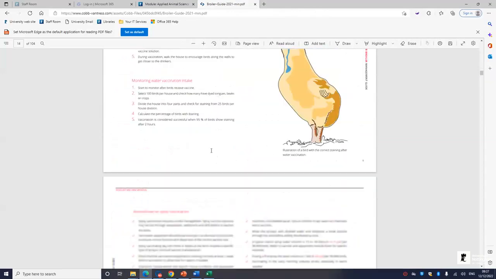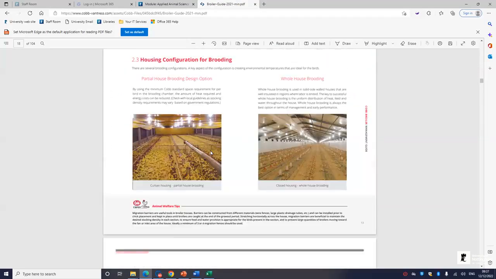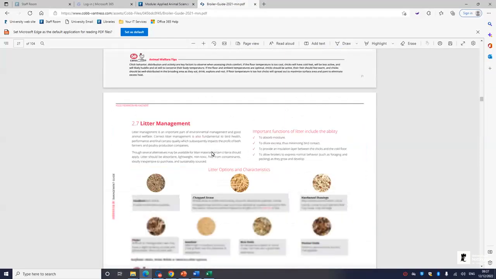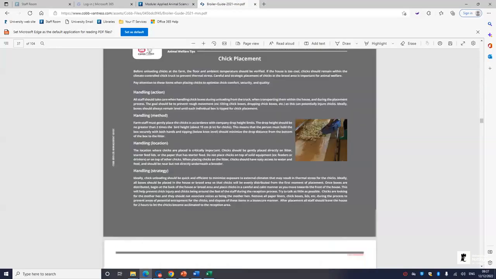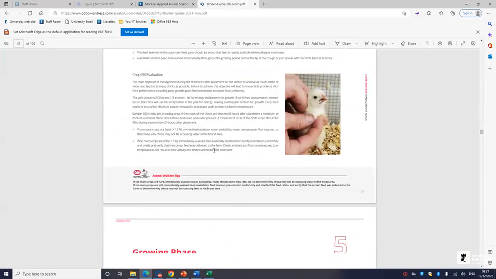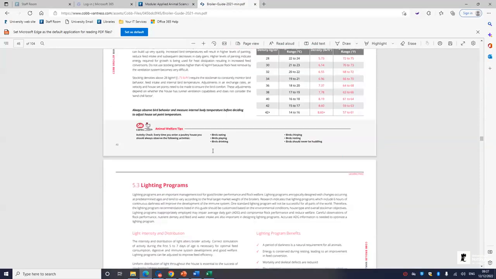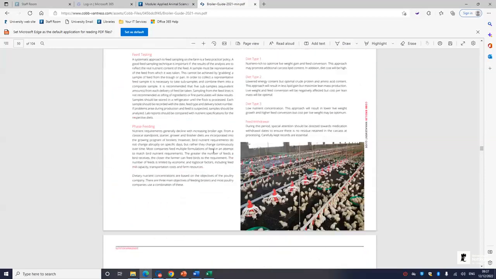A whole lot of information with regards to several factors. And then as you move down, you will probably come across information with regards to nutrition. I know sometimes it's difficult to manage information overload. Temperature, stocking density, nutritional management.